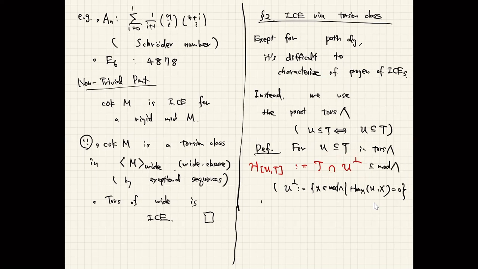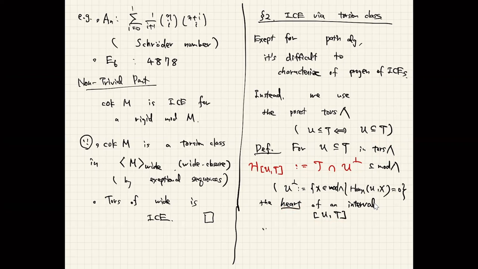To these intervals in torsion classes, we associate these subcategories, and we call it the heart of an interval [U,T]. So [U,T] is an interval in the poset of torsion classes. For each interval, we associate a subcategory defined by this, and we call it the heart of this interval.